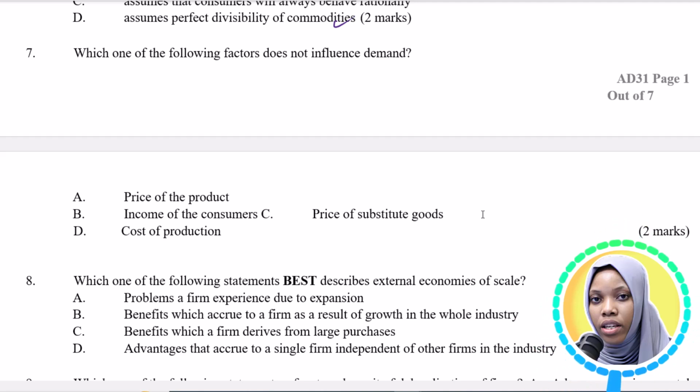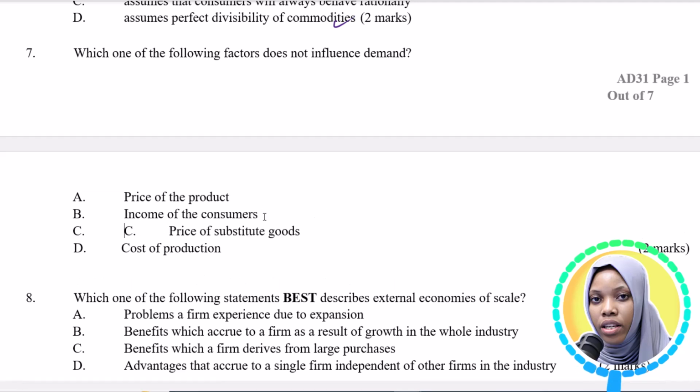Choice B, income of the consumers. Choice C, price of substitute goods. And choice D is production costs. So price of the product, the demand is like this.